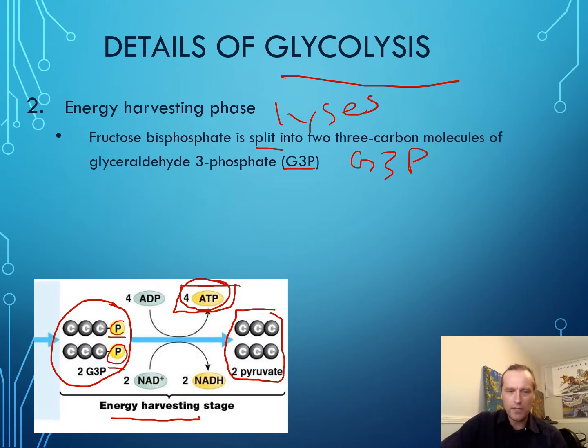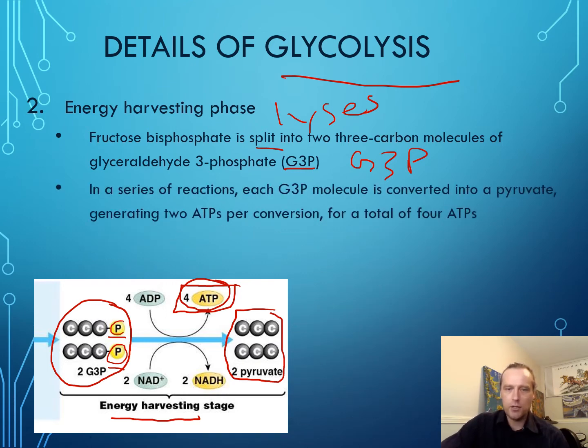In the energy harvesting phase, we are going to convert 2 NAD+ to 2 NADH. What does that mean? Well, they are very short-term energy carriers. NAD+ is going to accept some hydrogens off of this G3P, and it's going to carry them to the electron transport chain, to be discussed later.